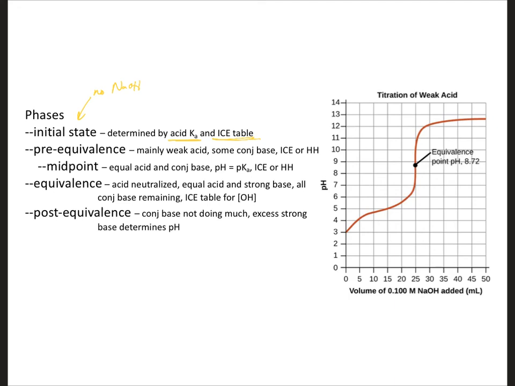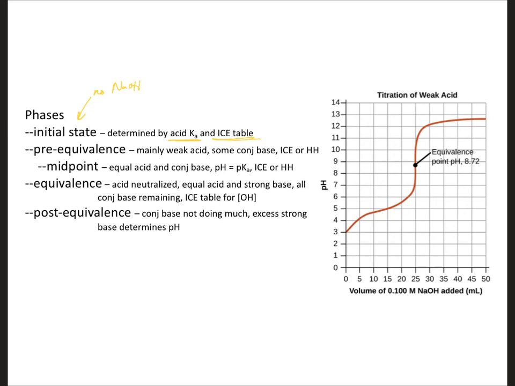In the pre-equivalence phase, well, we need to treat this as a neutralization. So we'll have to do like we did in our previous example, where we talk about how many moles we have and what the neutralization balanced chemical equation is. At the midpoint, if you're able to recognize that you have equal amounts of acid and base, then we can say the pH equals the pKa.